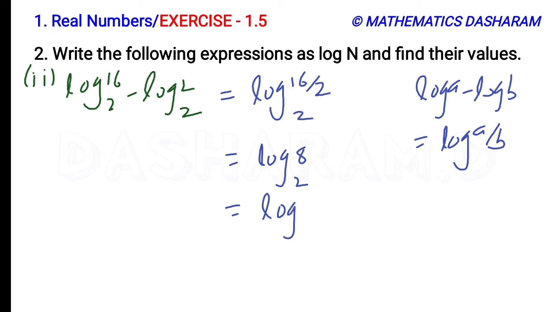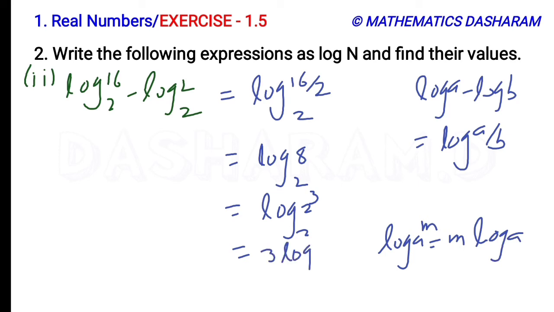Now the exponential form of 8 is 2 cube base 2. So here log a to the power of m equals to m into log a. So then 3 into log 2 base 2. So 3 into log 2 base 2, answer is 1. So it is equals to 3.